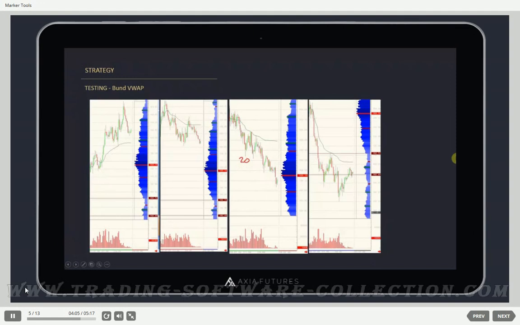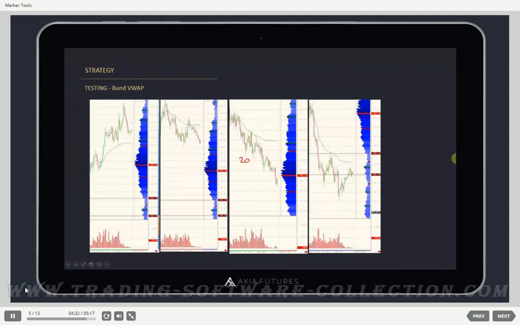It can run out of energy, and what you also see on the moves back is this running out of energy. As we come back and the energy runs out, and again, as we come back, the energy runs out, and again. So as the energy starts running out of the market, that's telling you again that that VWAP is likely to hold and offer you the trade.